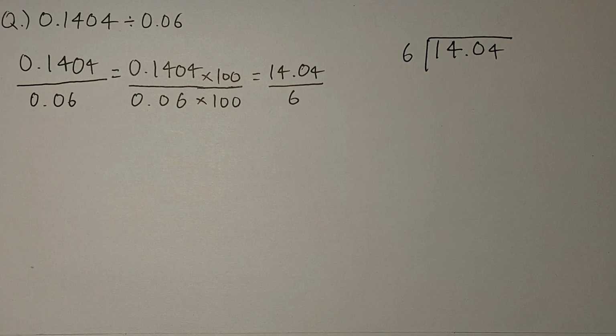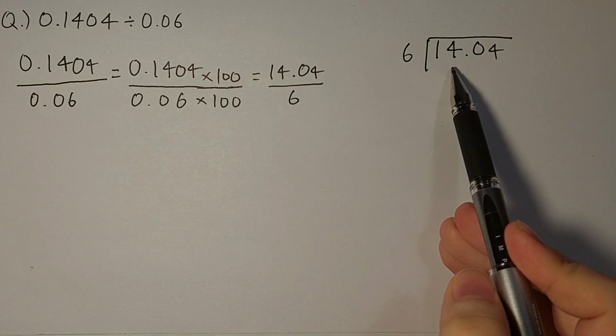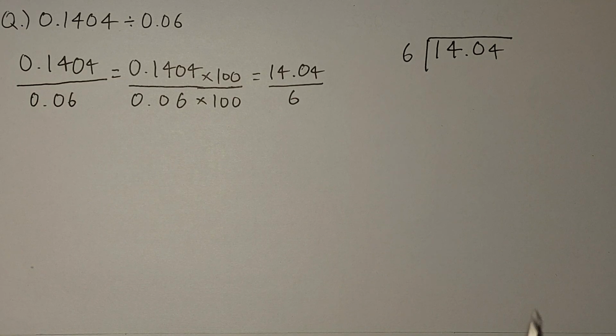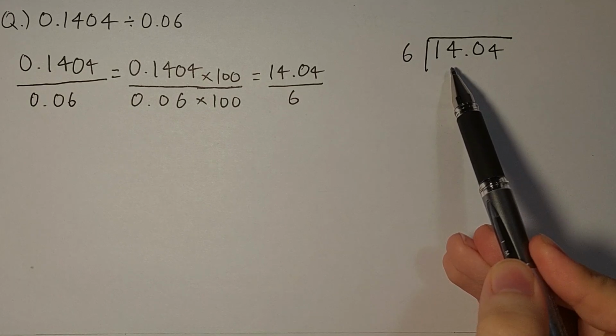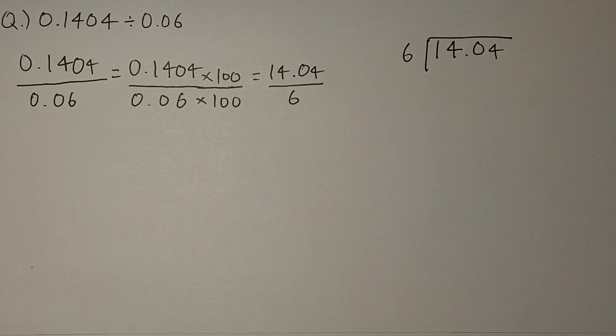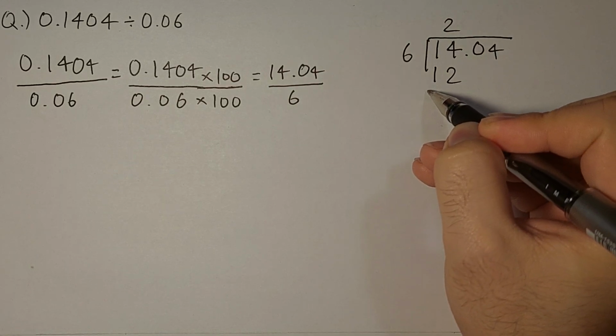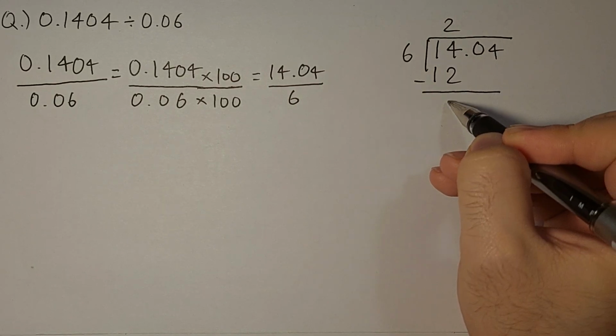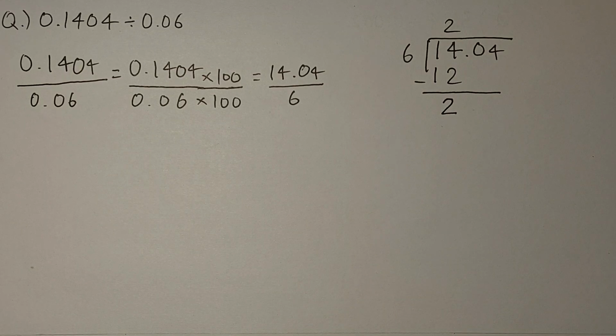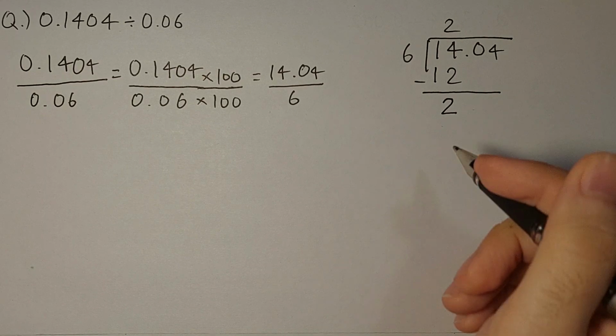Again, before we start dividing, let us check, is the whole number part of 14.04, which is 14, less than 6, equal to 6, or greater than 6? It is greater than 6. What is the closest we can get to 14? We can multiply 6 with 2 and get 12. We subtract and we get 2.